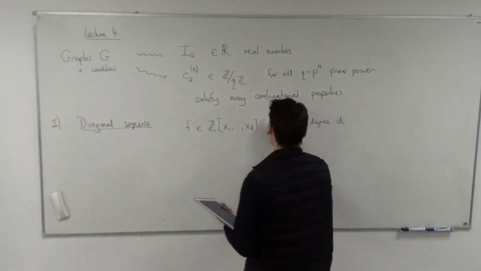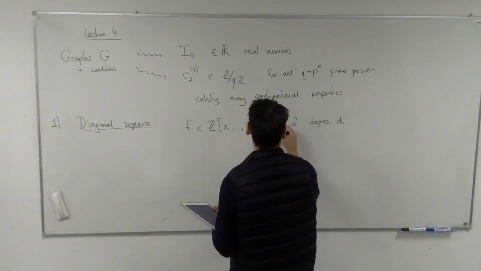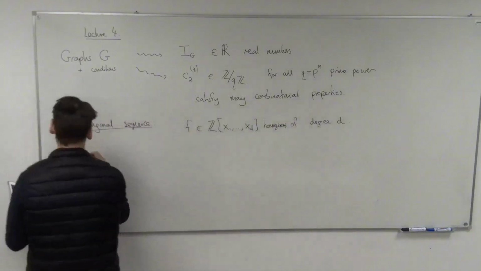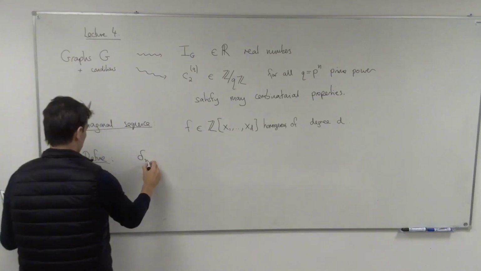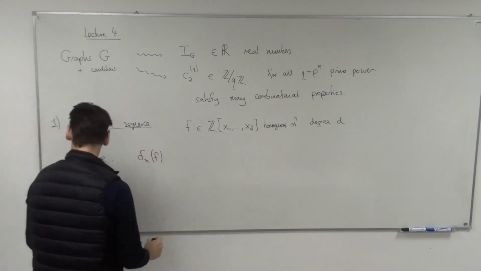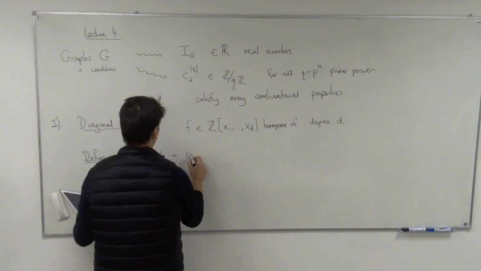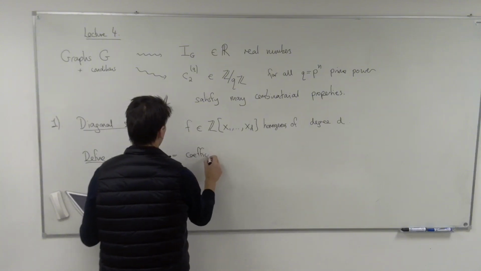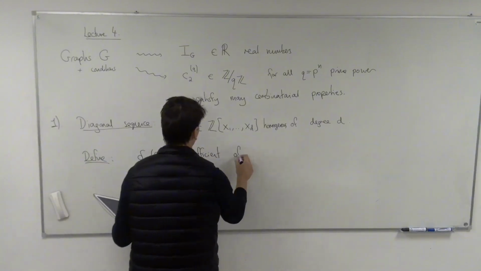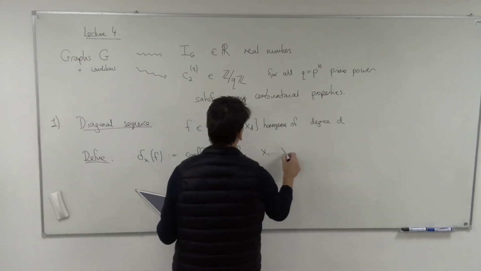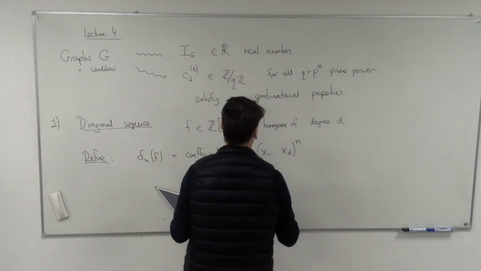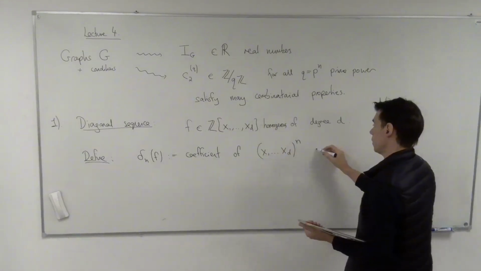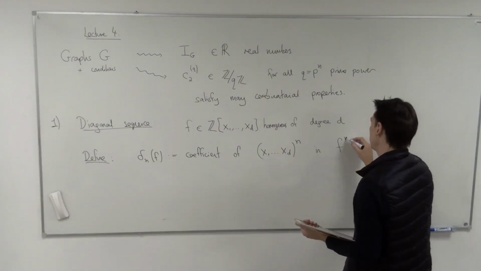Sorry, homogeneous. And we define delta n of f to be the coefficient of x1 ... xd to the power n in f to the n.